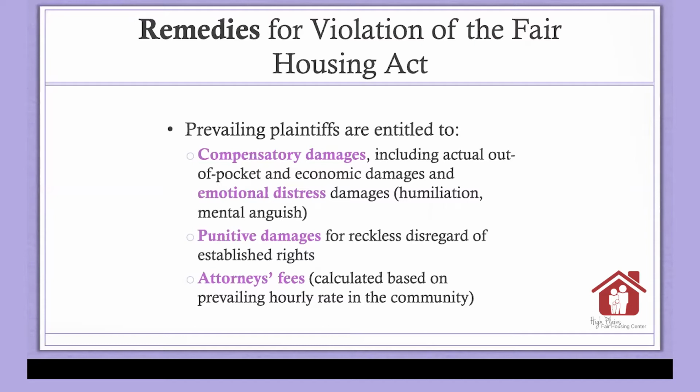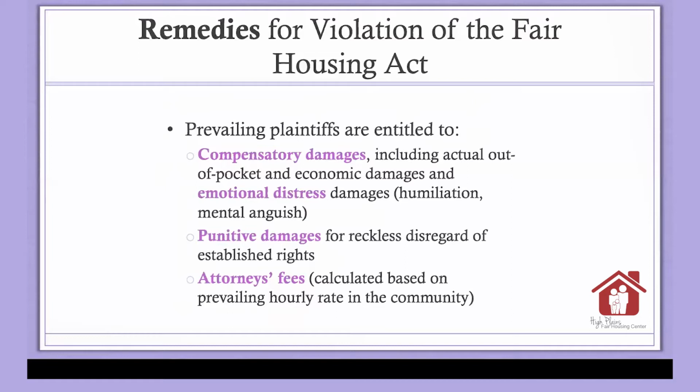And this includes damages for things that stem from the experience of being discriminated against based on a protected category, race, color, national origin, religion. So the humiliation, the mental anguish, and those types of damages are quantified and recoverable.